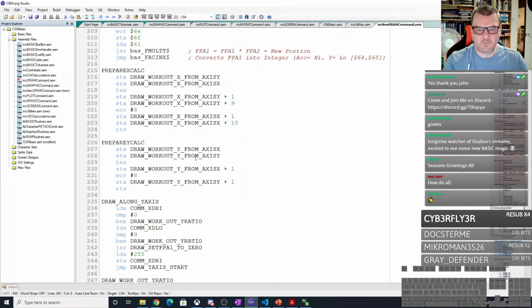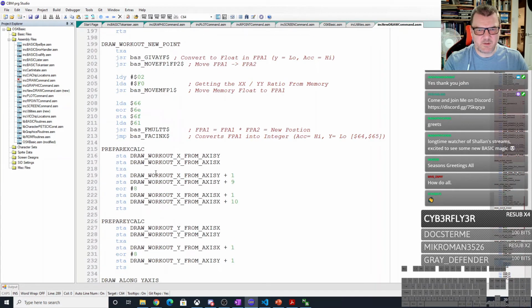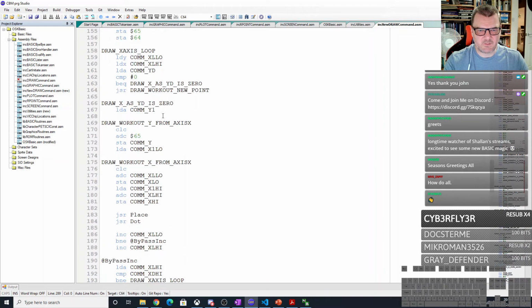Work out y from y. And this one as well, that needs to be doubled. And then we've got the same with the x, which is work out y from x and work out x from x. They're the 2 routines that are going to have to be doubled.